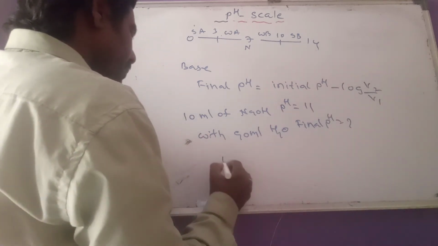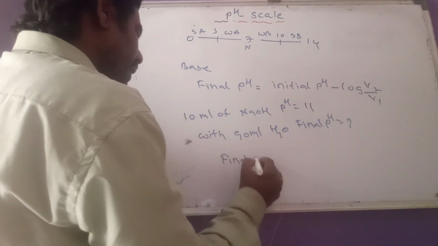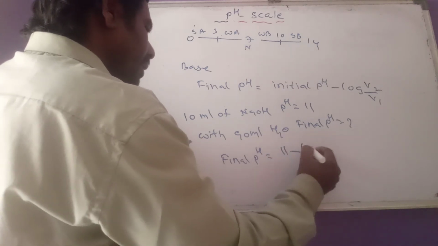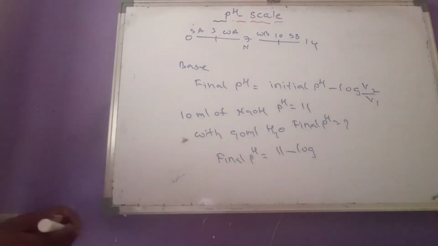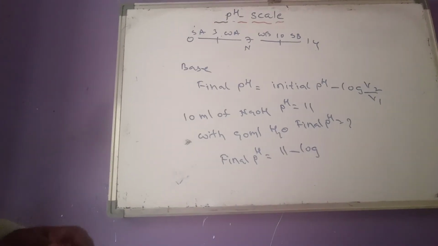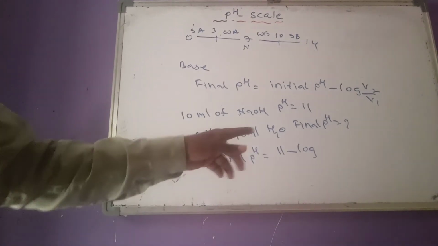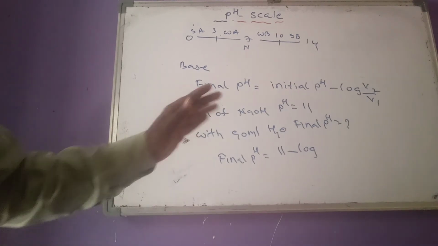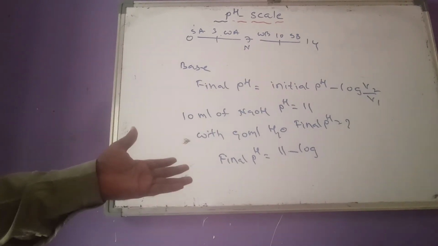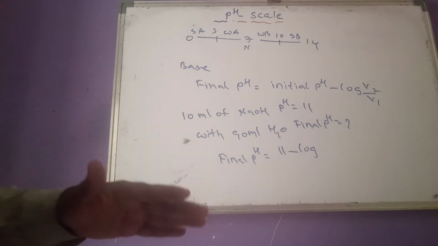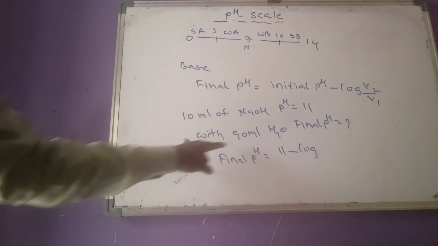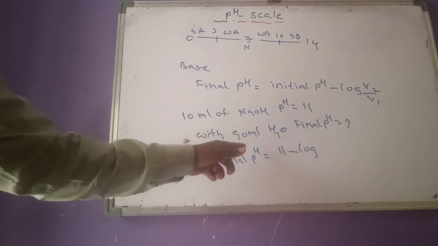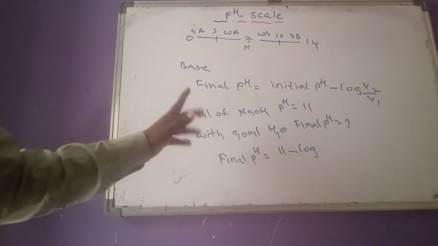So now final pH equals initial pH minus log V2 by V1. Generally, many students take the V2 value as 90 ml, but that is not correct, because in the previous problem we were given "diluted to", but here we have "diluted with 90 ml". That means 90 ml water is added to this 10 ml.